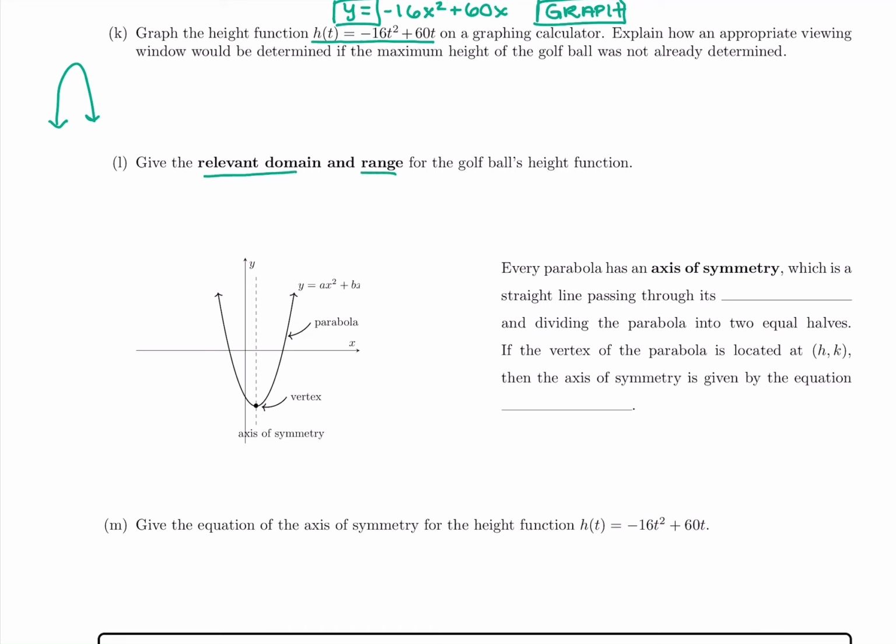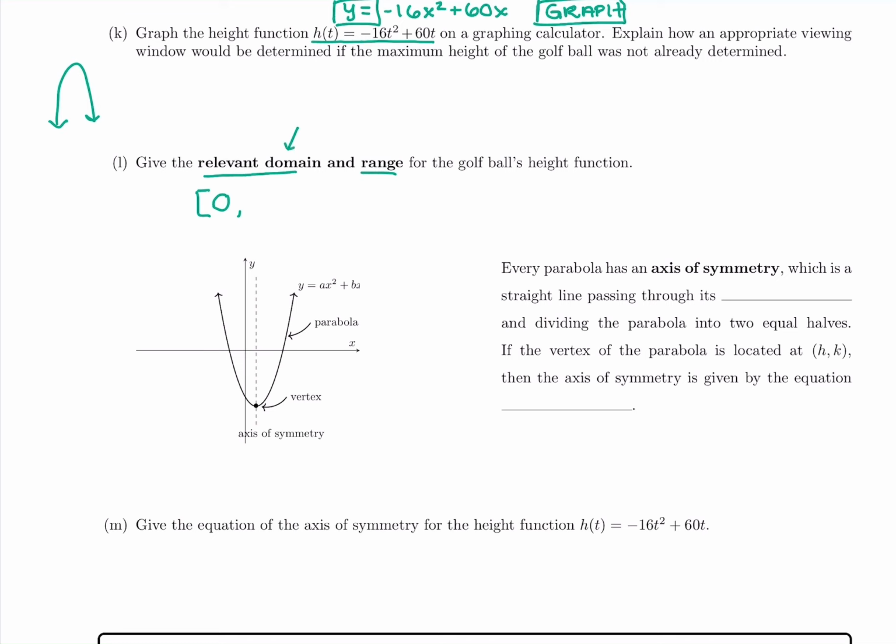Because if you hit a golf ball yesterday, it's not still moving. So we can't say the domain is from time being -infinity to time being +infinity. That's not true. The domain is starting from when we first had the ball on the ground, so time 0, until the time that it reaches the ground again.